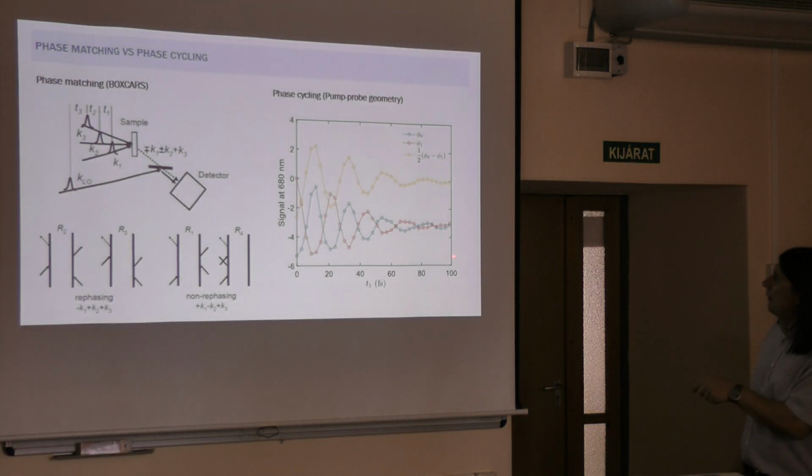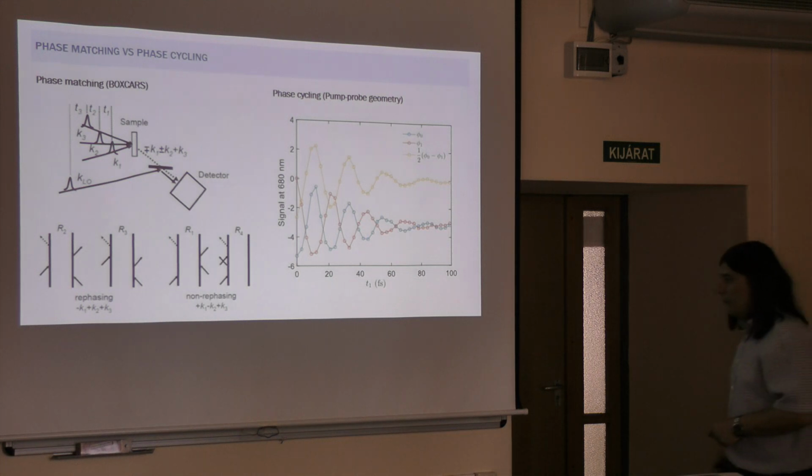So what is drawn here is just the echo signal before Fourier transform, over the first coherence time, tau. This is the coherent oscillations, and then they dephase over time. Now if we flip the phase between the first and the second pulse, then the oscillation also flips.